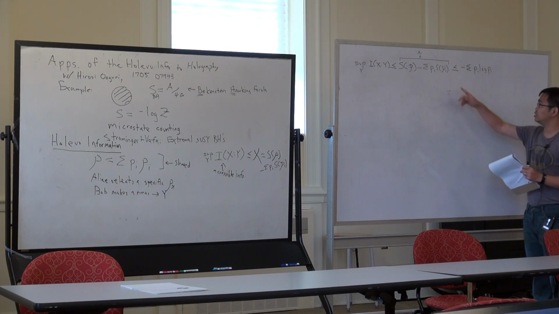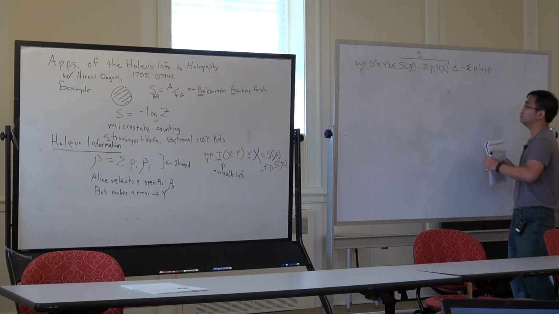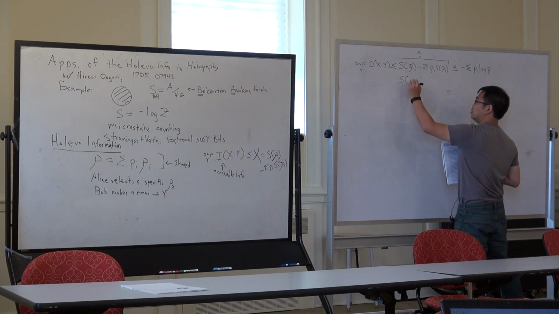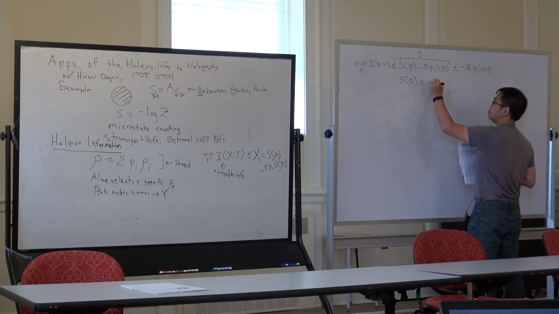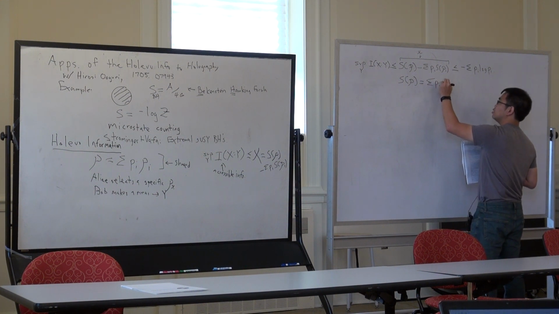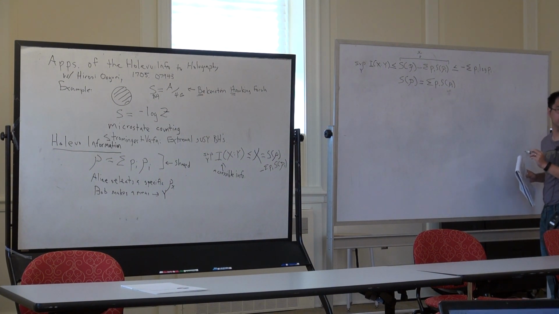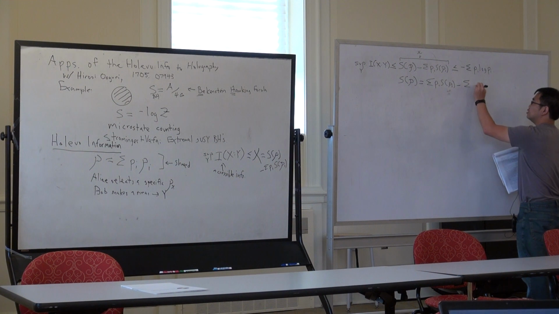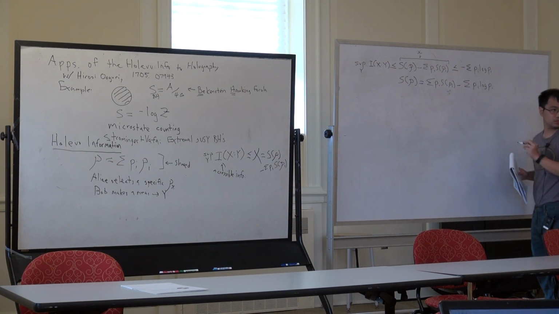If I do some rearrangements and enforce that this is an equality, you get that S of rho is equal to the weighted sum of S of rho i, what you call the linear piece of the entanglement entropy, minus the Shannon entropy piece, which in your language you called the entropy of mixing.